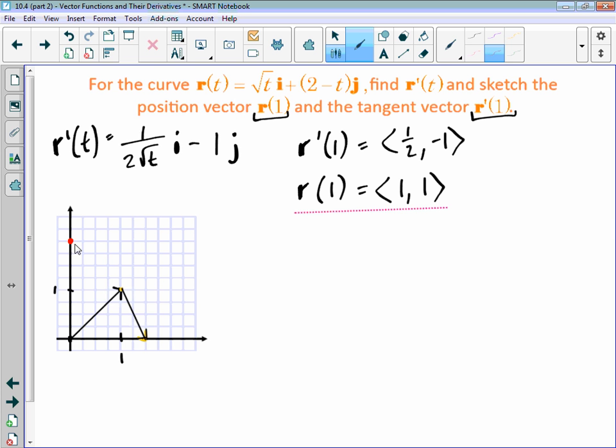When I plugged in 1, it was here. If I plug in 2, I would get square root of 2 comma 0. So square root of 2, 0 is approximately there. So this graph is kind of this curve shape. Let me amaze you with my smartboard and write on it.